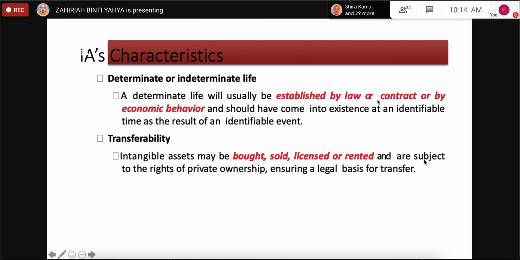So you tengok kontrak, ataupun you tengok kalau patent dia berkuat kuasa selama mana. Bila you patentkan sesuatu penemuan, satu produk ke, bergantung kepada negara, negara dia mempunyai undang-undang yang berbeza. So you tengoklah for how many years.